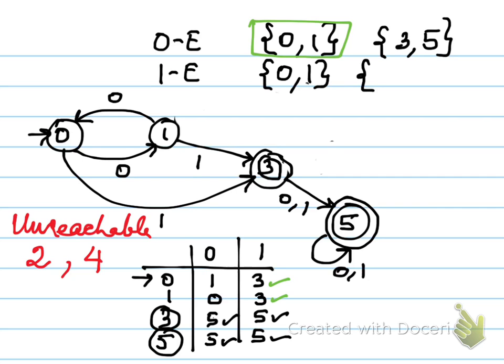So 3 and 5 again are 1 equivalent. Now if you look at this, you will find that from the first step to the second step, there has not been any change. The sets are the same. So we can now combine the states.